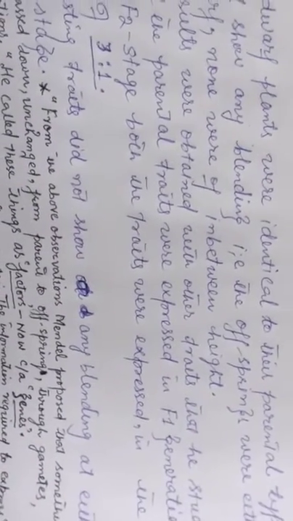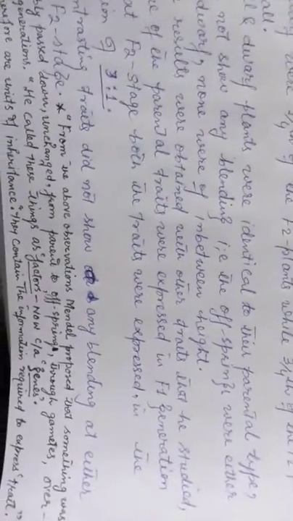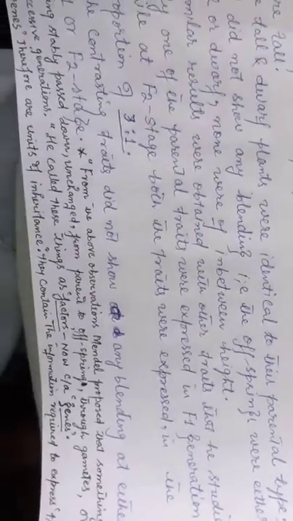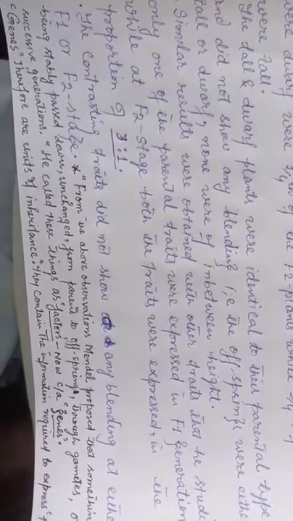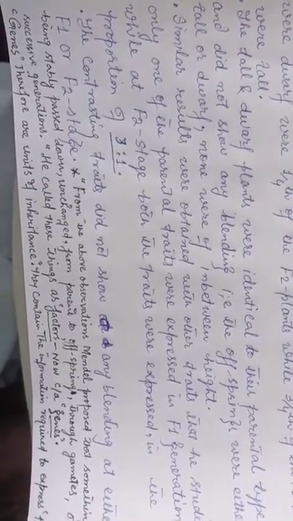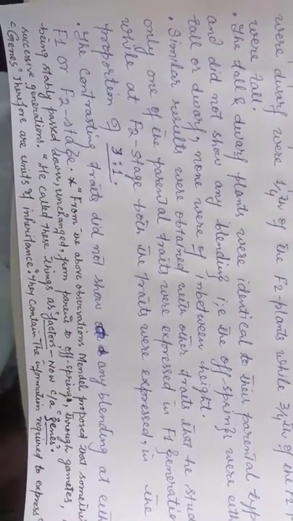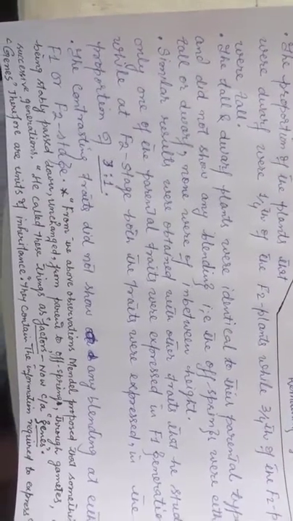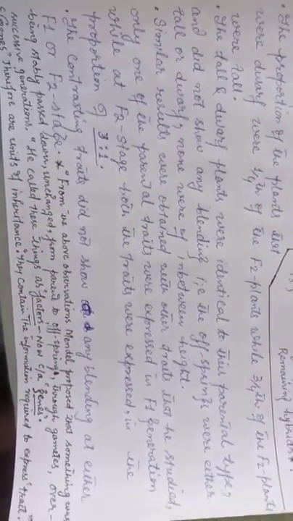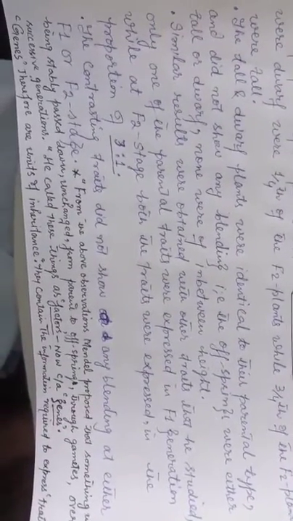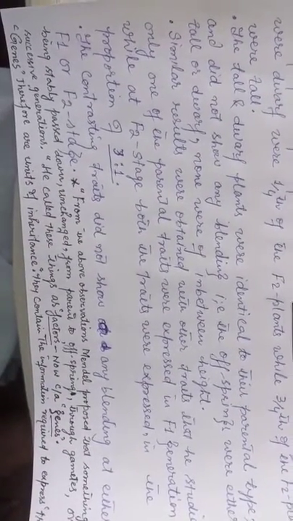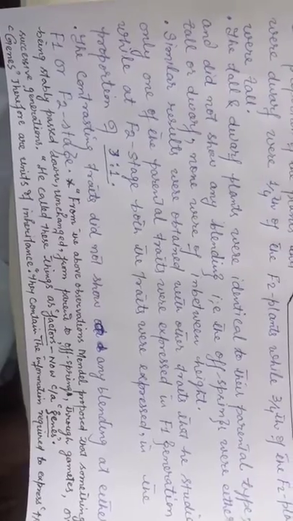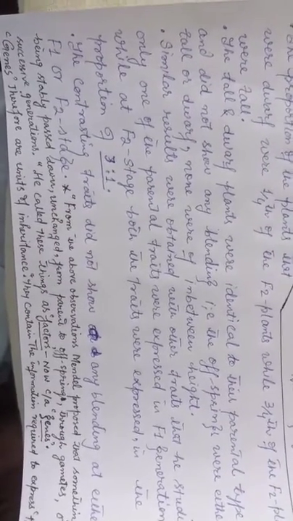Now, from the above observations, Mendel proposed that something was being stably passed down unchanged from parent to offspring through gametes over successive generations. He called these things factors.